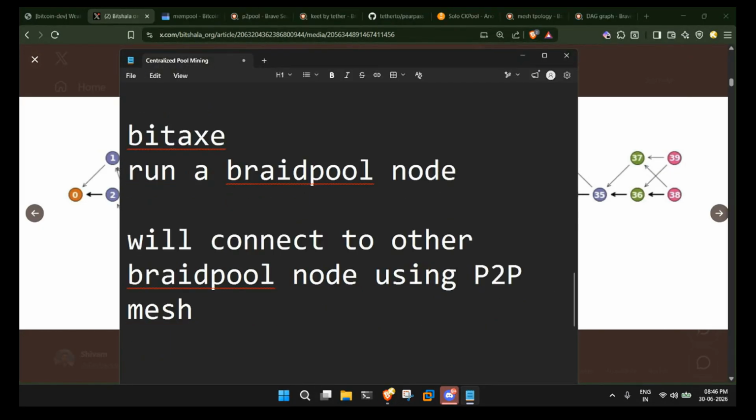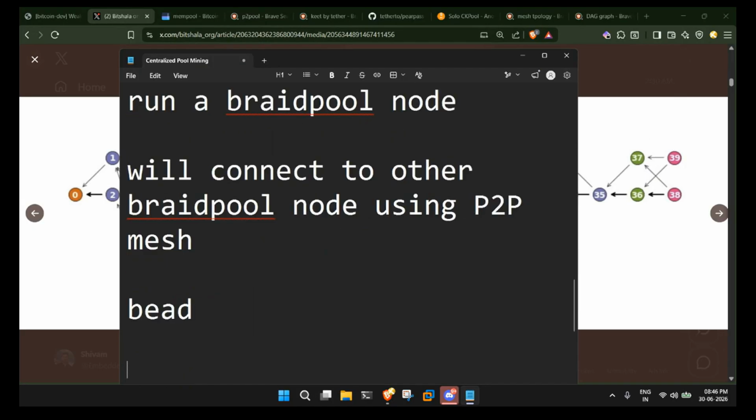After that, it will download the beads. A bead is this small weak share which you are seeing in the circle. So it will download this initial bead information which is required. It keeps the entire DAG in the local database, so the node should have sufficient space.